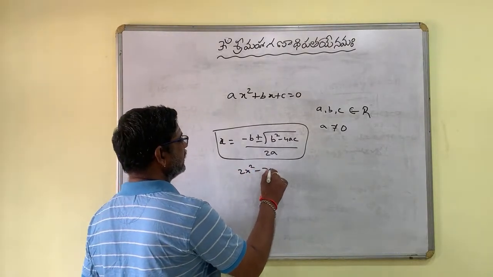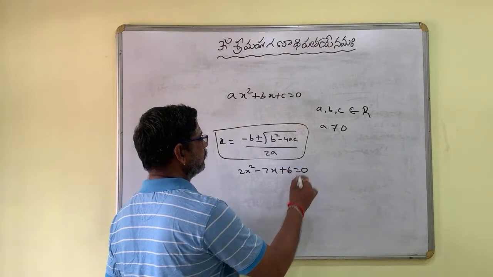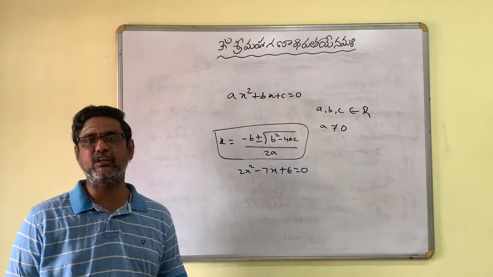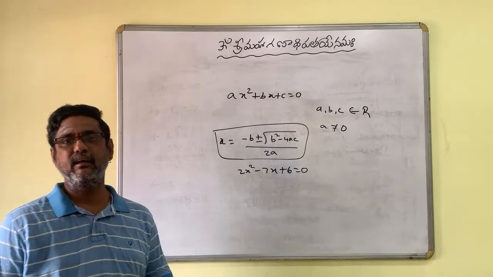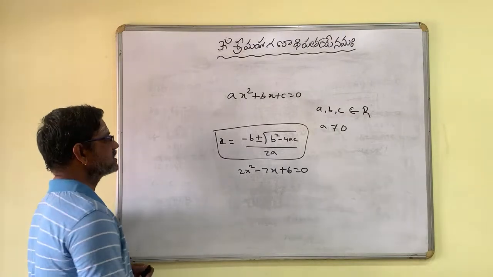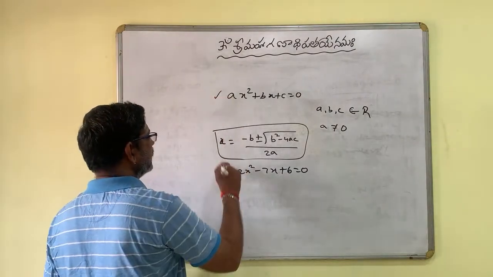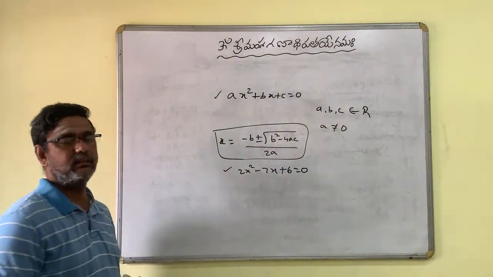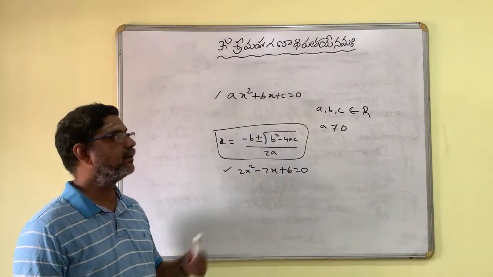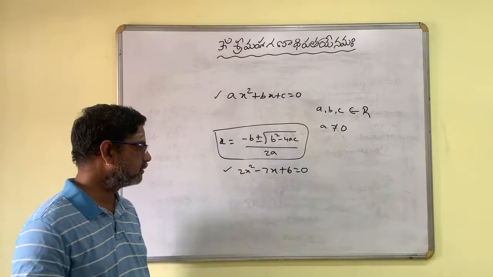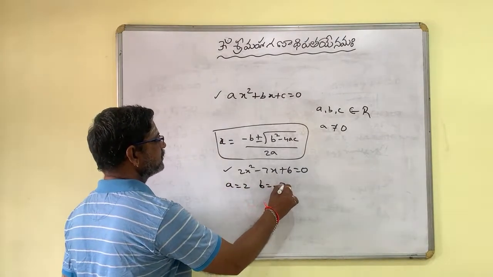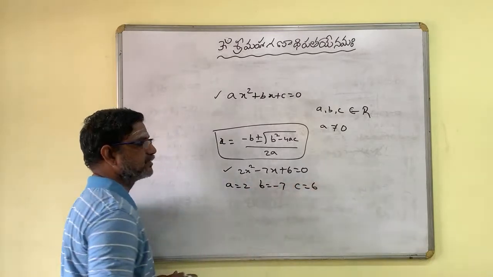2x square minus 7x plus 6 is equal to 0 is a quadratic equation, and we need to find its zeros. If we compare the general form and the given quadratic equation, we can observe that a value is 2, b value is negative 7, c value is 6.